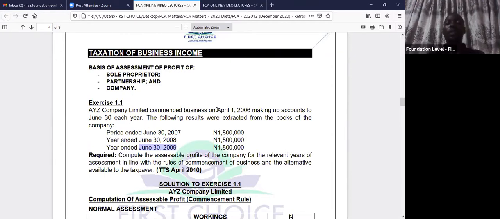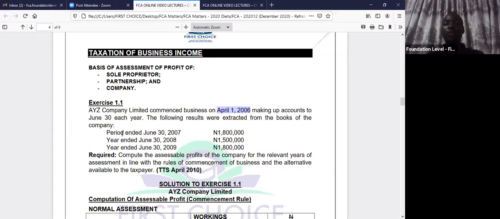Sometimes they might not give you these dates. How will you know the date the business commenced? If they told you this company commenced business in 2006, they didn't give you the date. The way they will state the account, they will not tell you period ended.